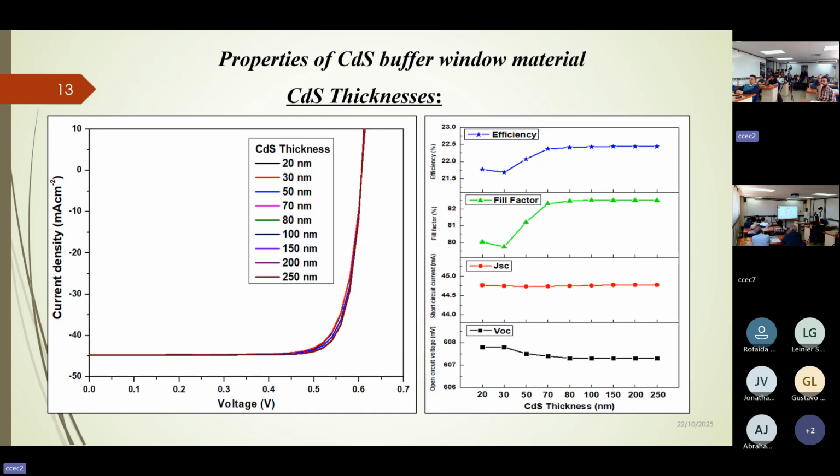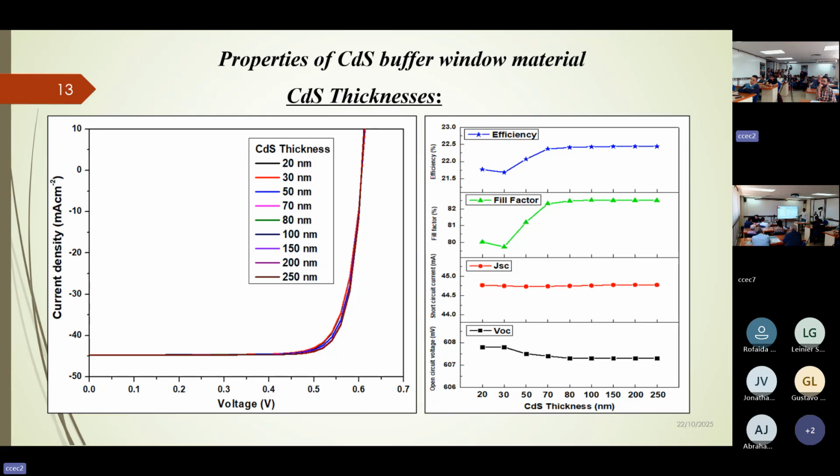Next, we check the CdS thickness. We know that buffer or window materials should have as low a thickness as possible, so that the incident photons can pass through to the absorber layer and participate in the generation of charge carriers. That's why we focused on very low CdS thickness.